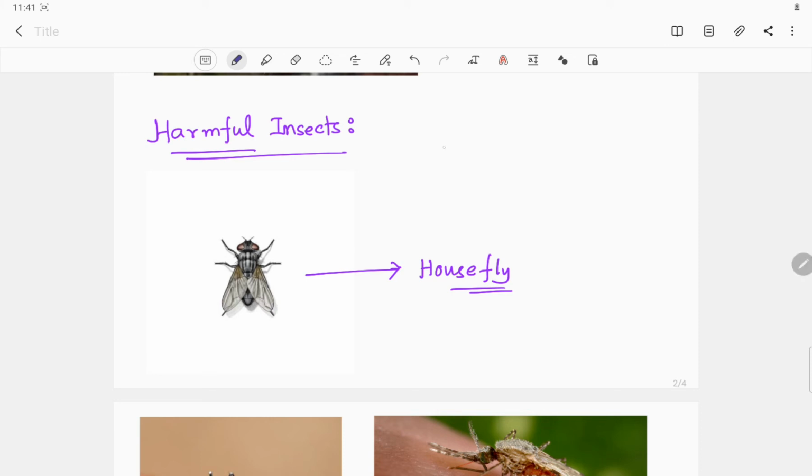Such diseases as diarrhea, jaundice, cholera, and many of them get spread by the houseflies.